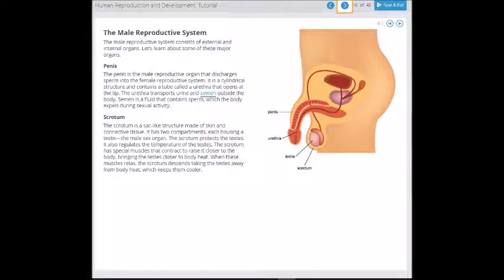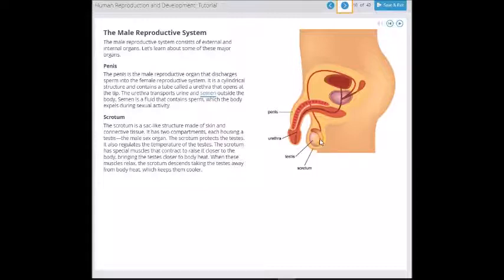Okay, so here we have the male reproductive system. If you're giggling right now, you're going to need to stop, because yes, we're going to talk about it. The male reproductive system consists of external and internal organs. The external organs involve the penis and the scrotum and the testicles inside of the scrotum. This actually says testes. There's a slight difference, but we don't really need to know that.